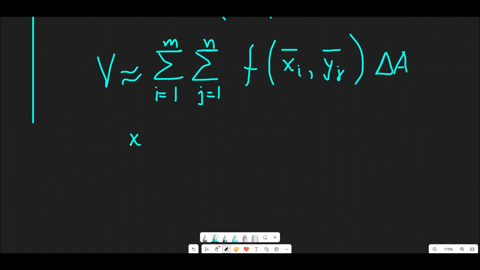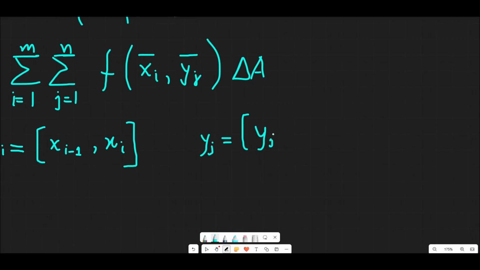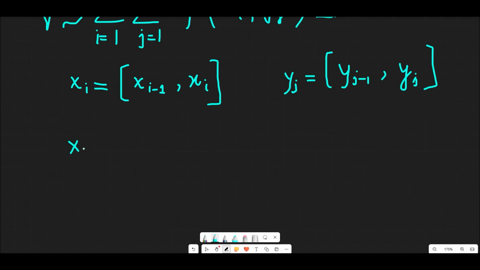Let's say x_i is a closed interval from x_(i-1) to x_i, and y_j is a closed interval from y_(j-1) to y_j. So what would be the midpoint of this? The midpoint of the x interval will be x_(i-1) plus x_i, divided by 2.